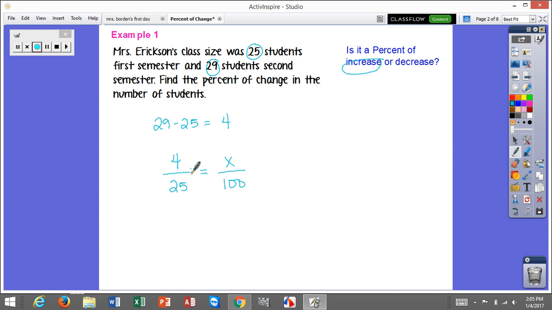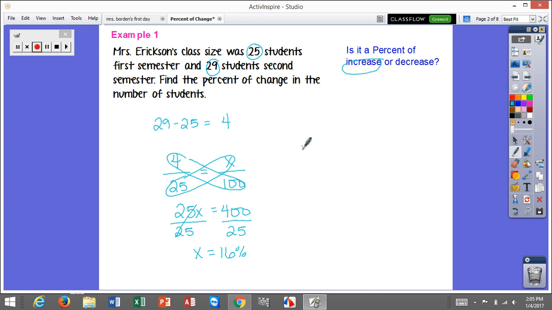Okay? Cross multiply 25x. 25 times x would be 25x. And 4 times 100 would be 400. And so to solve for x, we're going to divide by the coefficient of 25. 25 goes into 400 16 times. And since we were solving for the percentage of increase or decrease, that makes the 16 a percentage.